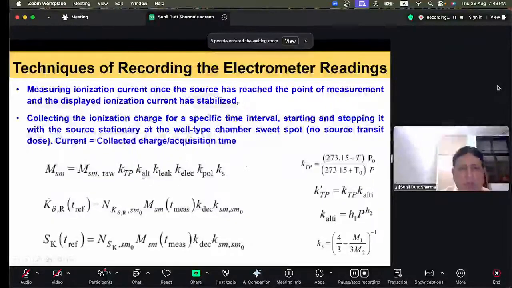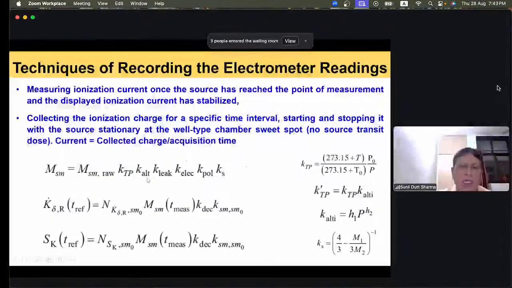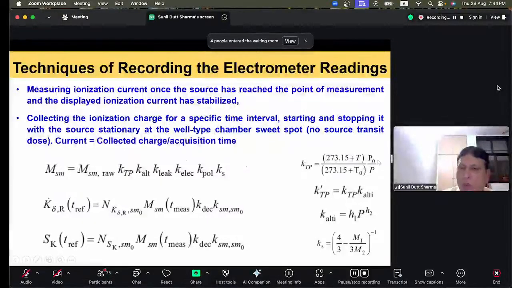One more correction factor you can see here, K altitude. Particularly for low energy brachytherapy sources, it has been found that the formula given for the temperature pressure correction factor, the ratio of 273.15 plus T divided by 273.15 plus T0 into P0 by P, is not applicable.